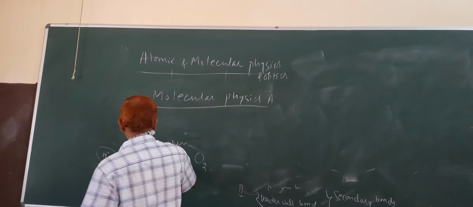But shell closure, the octet: when there are 8 electrons in the outermost orbit, that is chemically inert. It will not take part easily in chemical reactions. Always it wants to make 8 electrons in the outermost orbit.